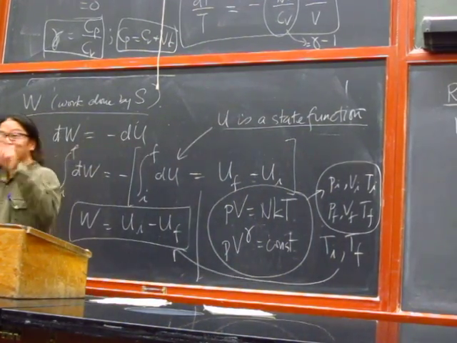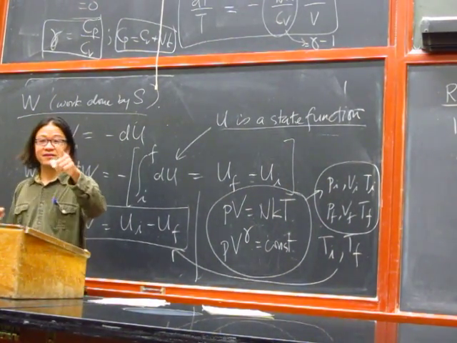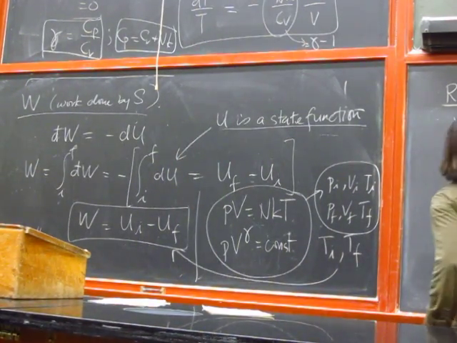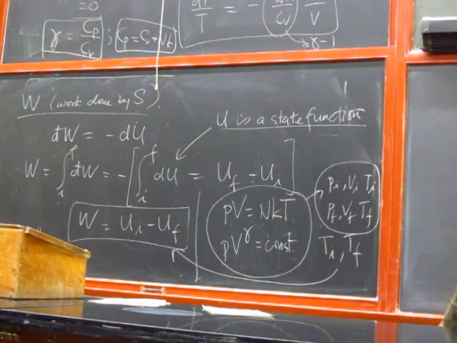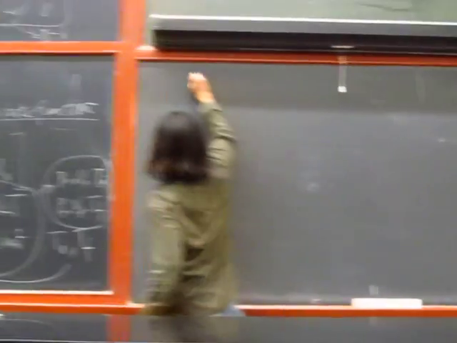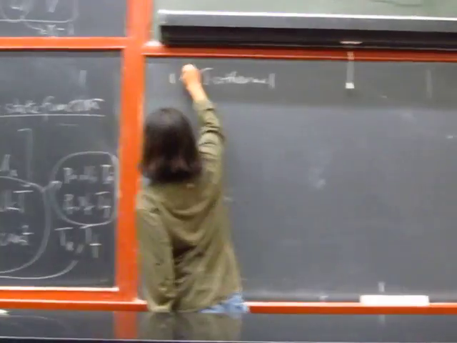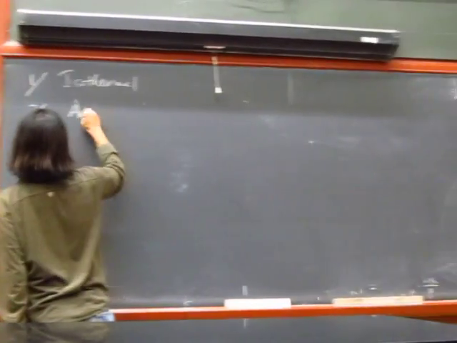Okay. Back to Victor's question about the non-reversible process. So we did 2 processes: number one, isothermal, and number 2, adiabatic.